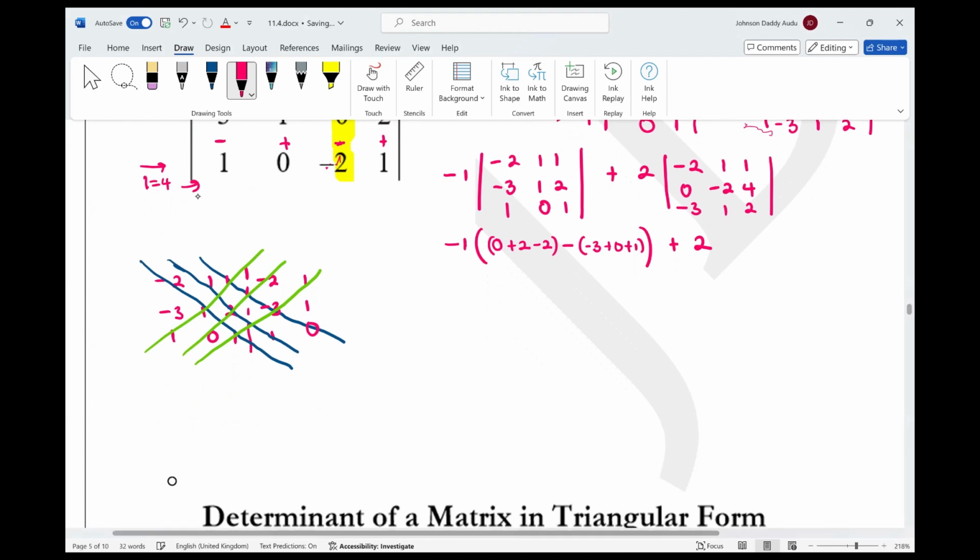So this one here is this one. Let's write it here: -2, 1, 1, 0, -2, 4, -3, 1, 2. And then this will be -2, 0, -3, 1, -2, 1.